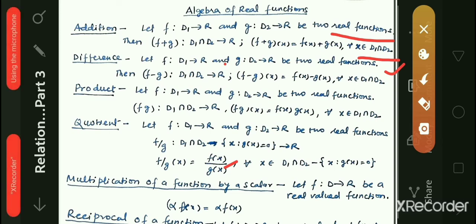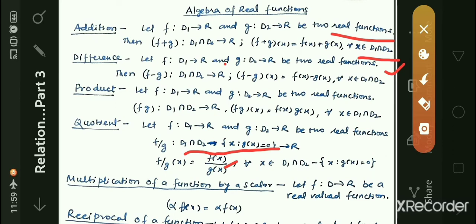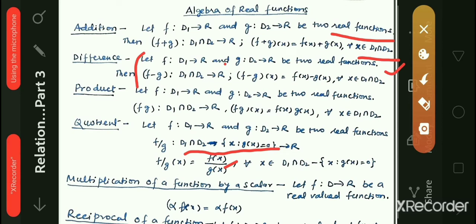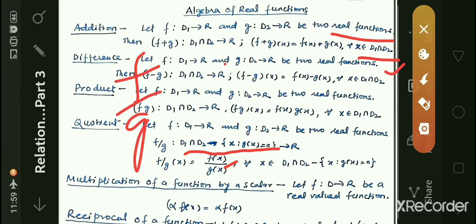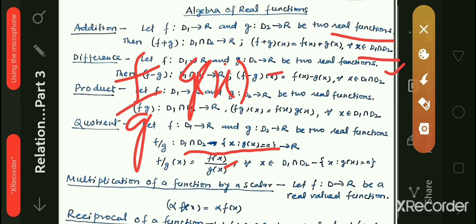then f upon g has domain D1 ∩ D2 minus, and here it is important, minus means we remove those points at which g(x) is 0. Wherever the denominator is 0, we delete those points; we will not include them.